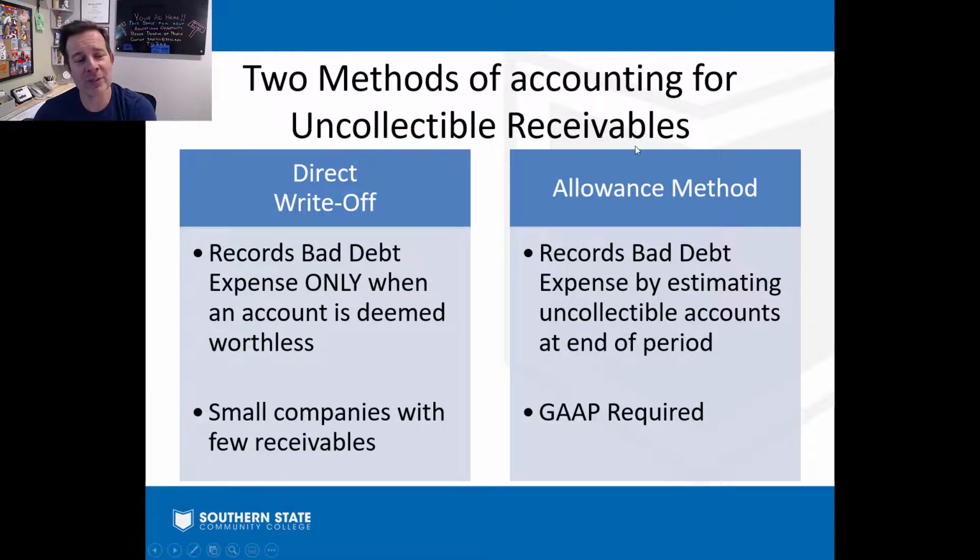And so under the allowance method, we record bad debt by estimating uncollectible accounts at the end of a period, making an adjusting entry here. And that's the way that GAAP requires us to do it. Generally accepted accounting principles state that we need to make an allowance for bad debts, and we need to consider those basically as we go along instead of just waiting for them to not be paid.